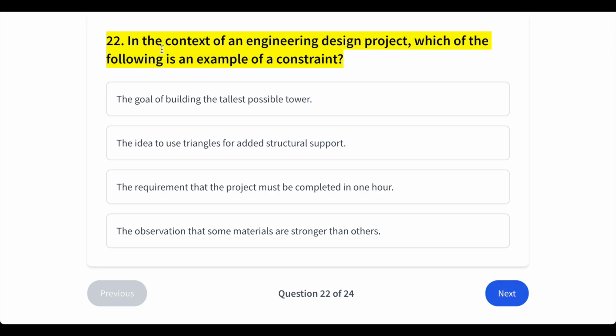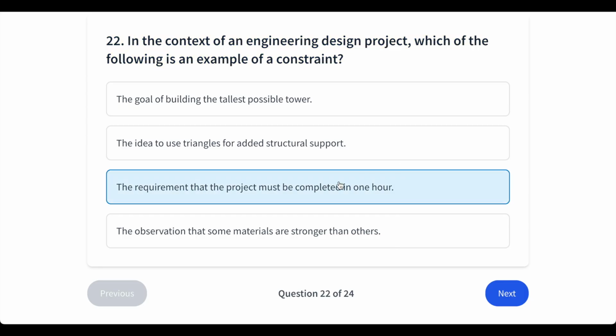This one asks, in the context of an engineering design project, which of the following is an example of a constraint? I like option C because, well, let's read it.